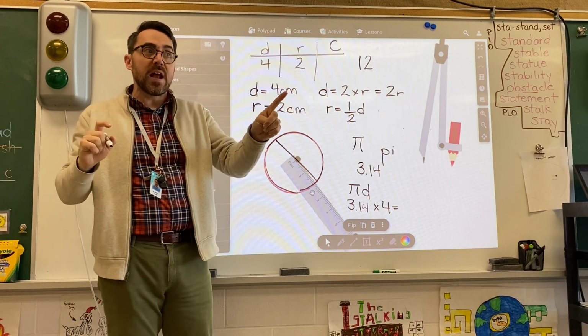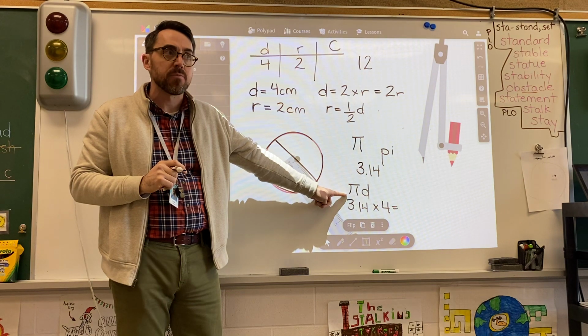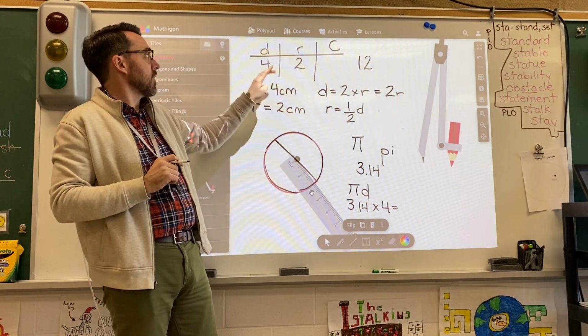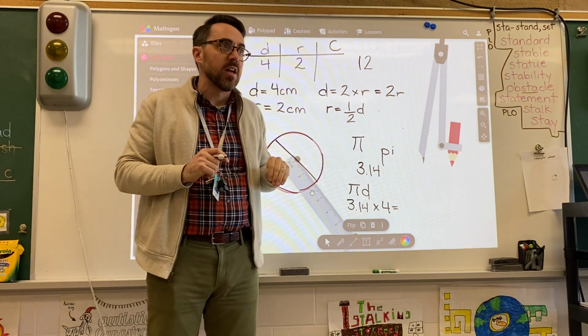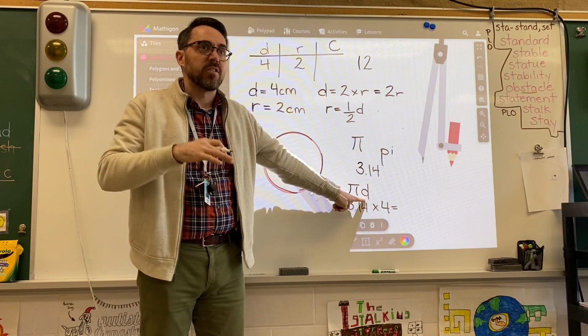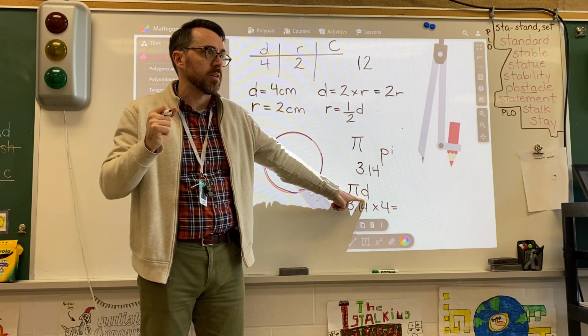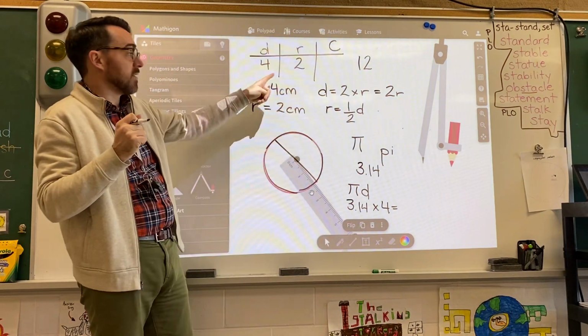If I only know radius in this case, what can I times pi by? If I don't know diameter, the diameter is 4, I just know radius, what can I times that by to still get circumference? Isaiah? 2. 2 radiuses, right?